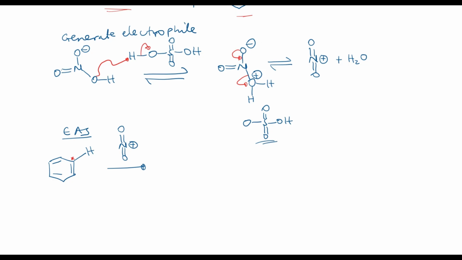So essentially what happens is that this pi bond will swing out and attack the positively charged nitrogen and then form a bond with it. So the pi bond will break, and I will attach the nitrogen to the same carbon where the hydrogen is attached.